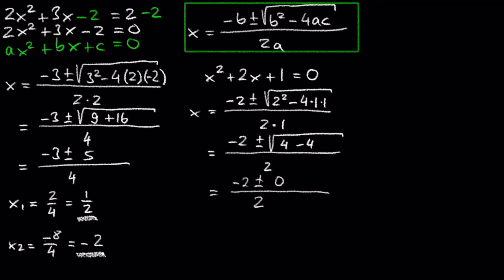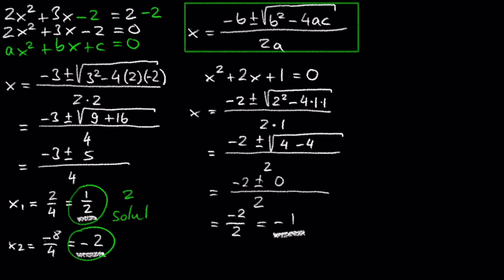Negative 2 plus or minus 0 is still negative 2. So we only get one solution for this quadratic equation, which is negative 2 over 2, which is negative 1. And we're done with this problem. Our first example had two solutions. This example has one solution.